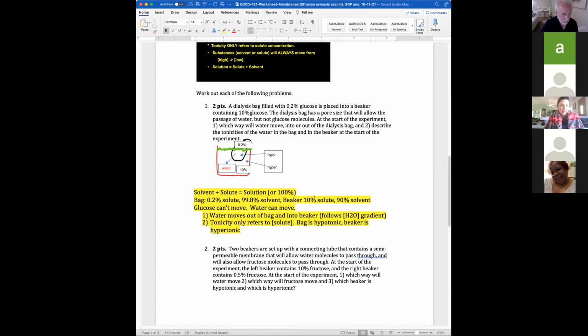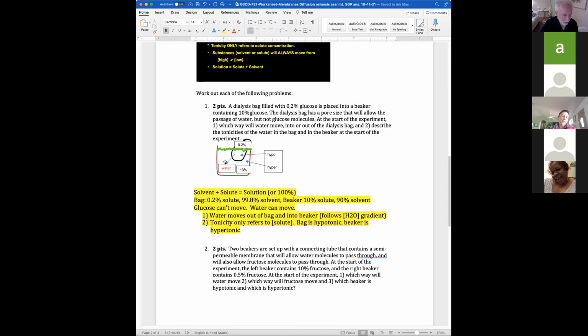And the beaker is 10% solute. So that means that it's 90% solvent water. And the glucose can't move through the bag, but the water can. So since the concentration of water in the bag is higher than it is in the beaker, the water is going to move out of the bag. It will go down its concentration gradient from the bag to the beaker.